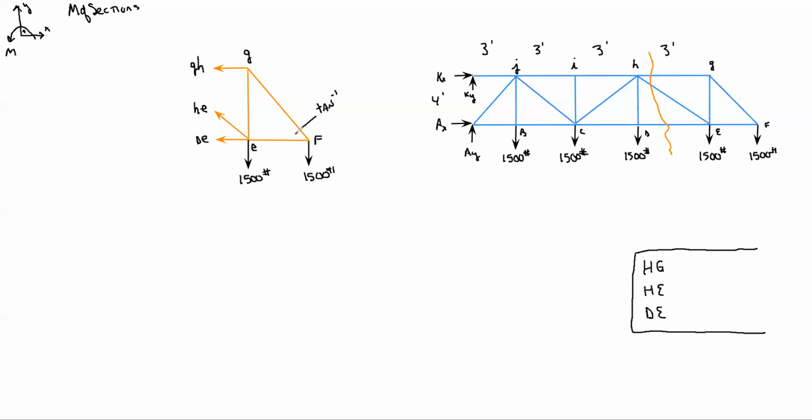Inverse tan of 4 over 3. 4 is the height of GE, 3 is the length of EF. The arctan of 4 over 3 is equal to 53.13 degrees. That's going to be the same measurement as E. You can see it over here on the big picture.